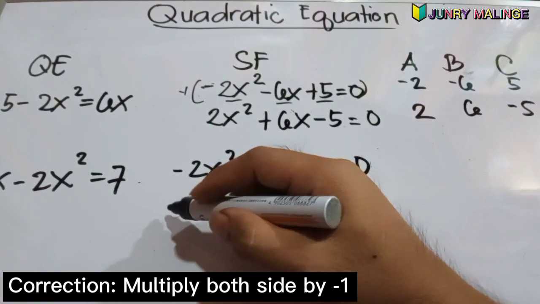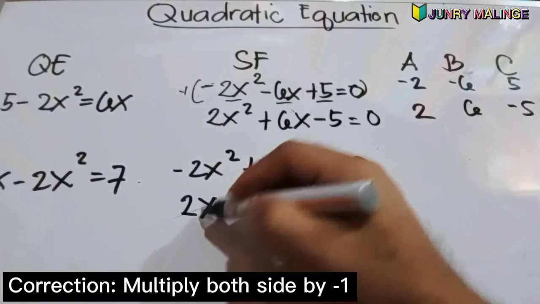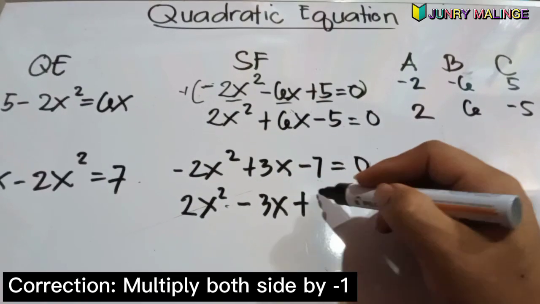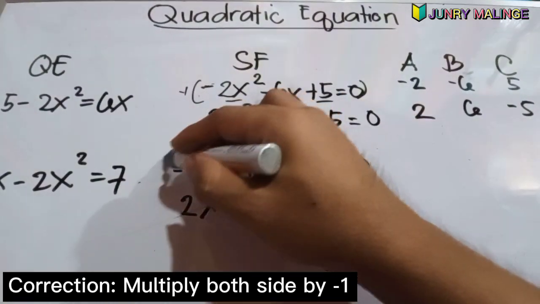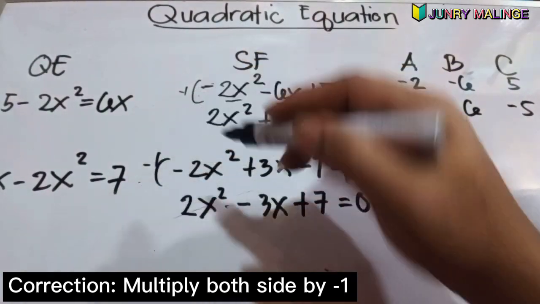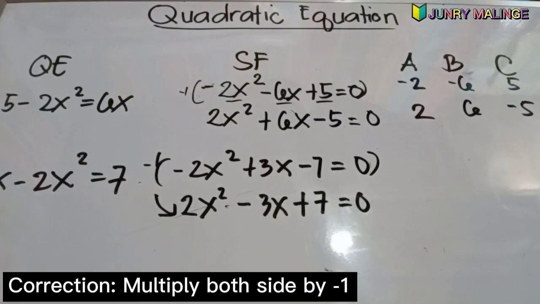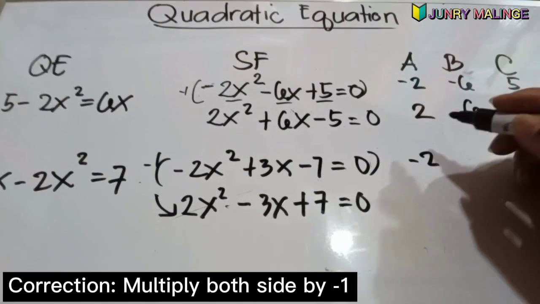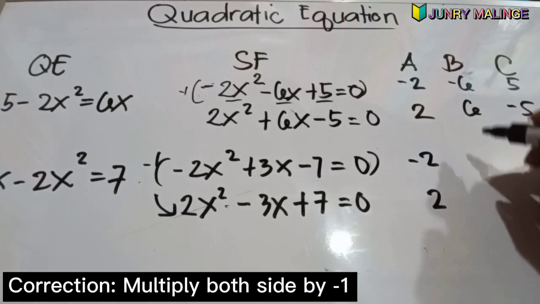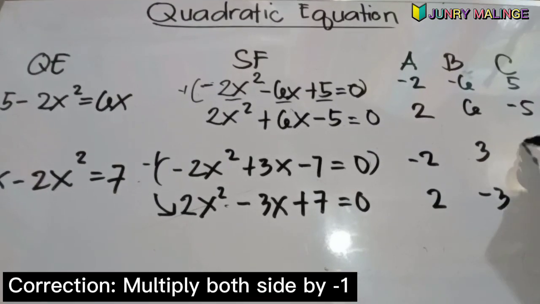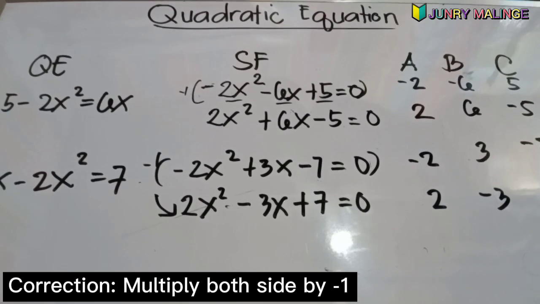Or pwede rin itong positive 2x squared negative 3x positive 7 equal 0. Divide both sides by negative 1. So yun ang ating result. Now, the value of our A is negative 2 or positive 2. Our B is positive 3 or negative 3. And our C is negative 7 or positive 7. Nakuha.